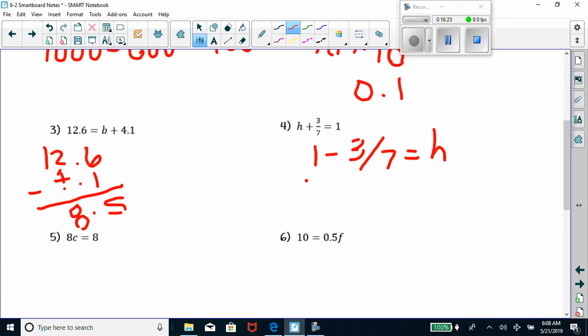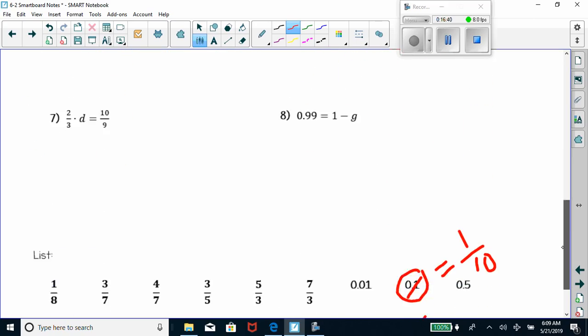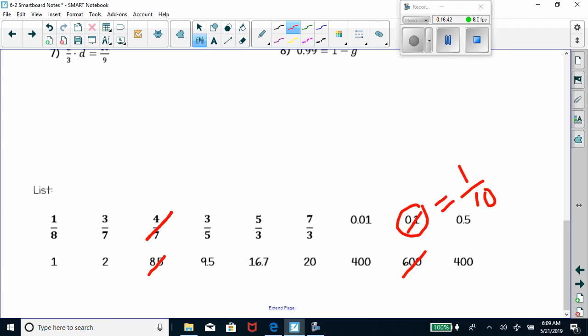I want to change 1 into 7/7 because if we're doing fraction subtraction, they have to have the same denominator. And 7/7 minus 3/7 is 4/7. So h must equal 4/7. So let's go down. And there it is. Good.